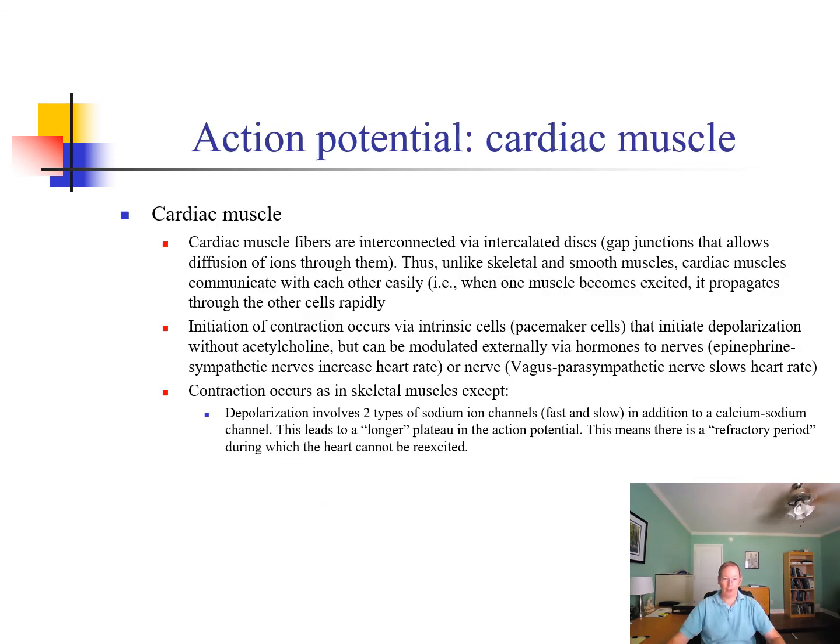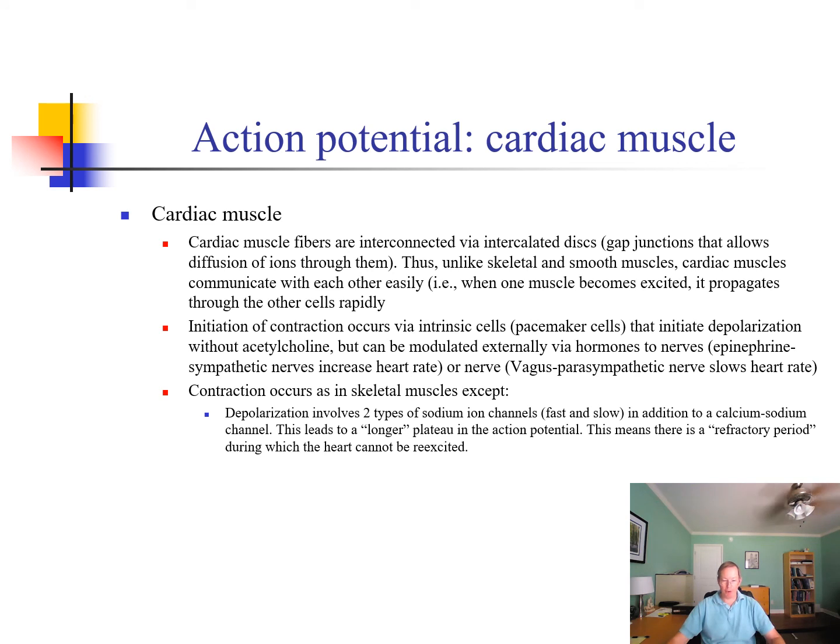So let me remind you of some things as this applies to the heart. Remember that the cardiac myocytes are connected via intercalated discs. Those are specialized gap junctions between the myocytes that allow for very fast diffusion of ions through them to allow for very fast transmission of those depolarization signals.